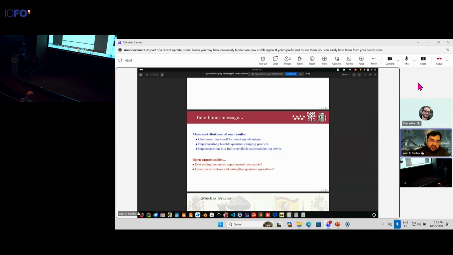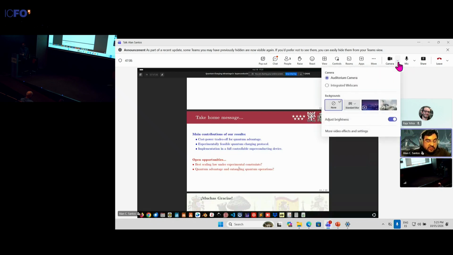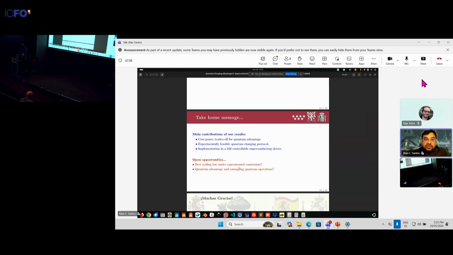As for the question about considering all-to-all 2 qubits versus a 4-level system, this is actually a good question. I never thought about that, to be honest, because in principle, if you have just one multi-level system, you can charge it using a single classical field. And I'm not sure whether this is too different from a 2-qubit system.